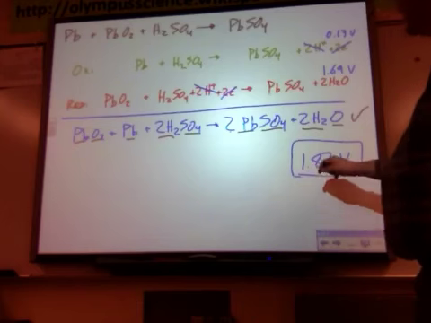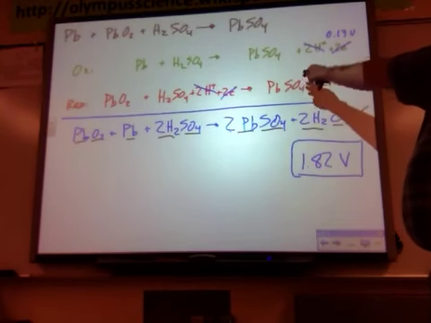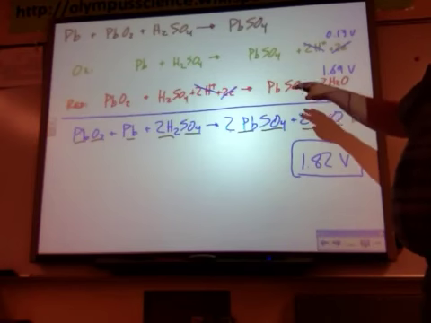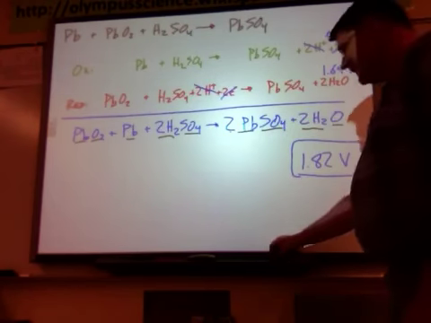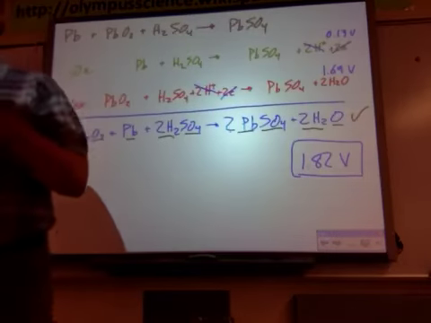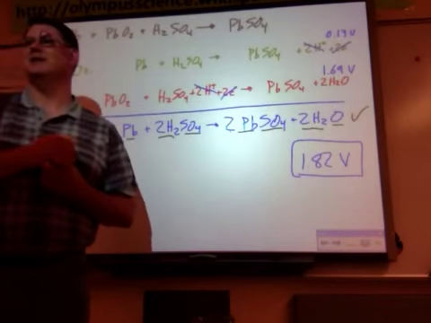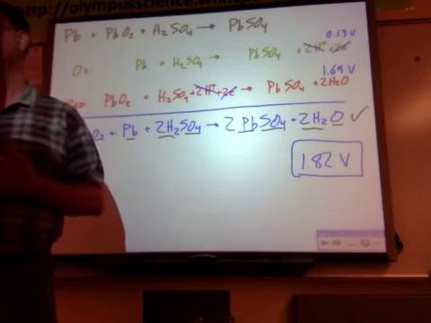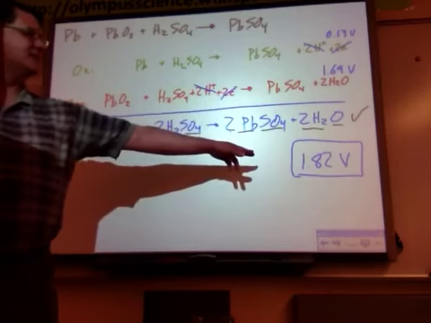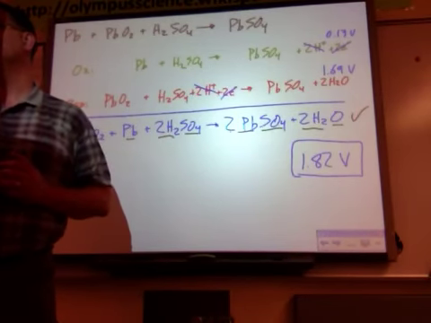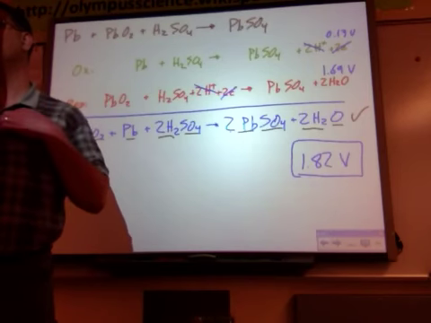That's how much voltage this galvanic cell produces. Now the good news is, you can take several galvanic cells and hook them up in series, and you can add the voltages together. So if you take 6 of these things, you end up with a system that produces about 12 volts of electricity.